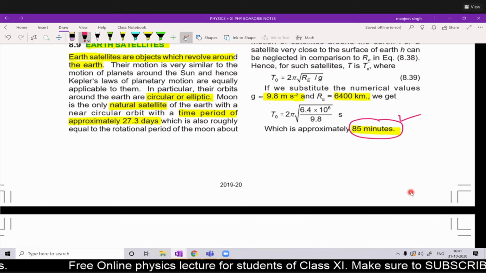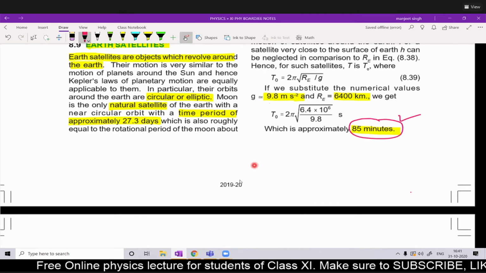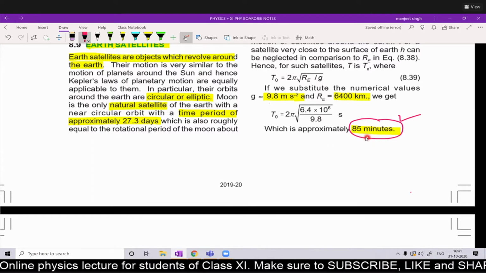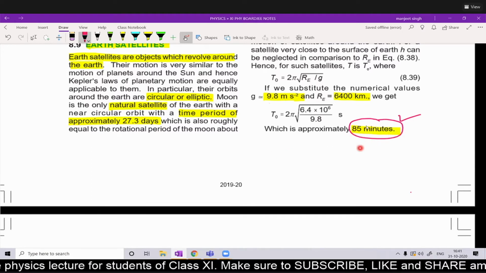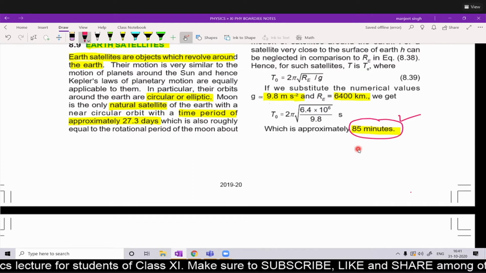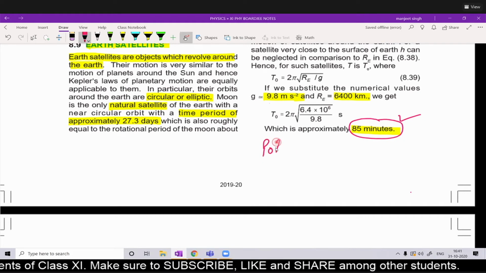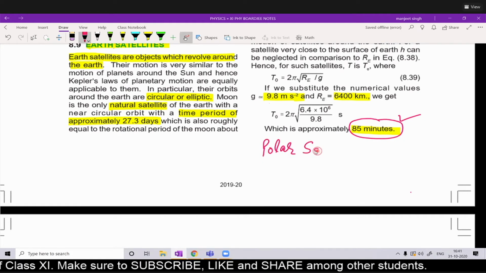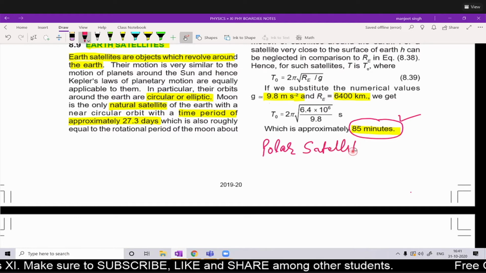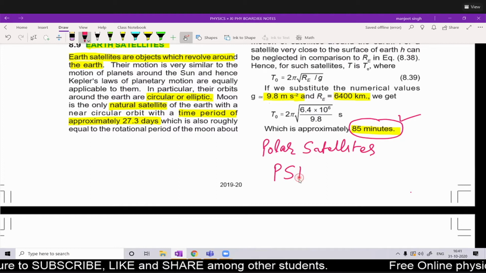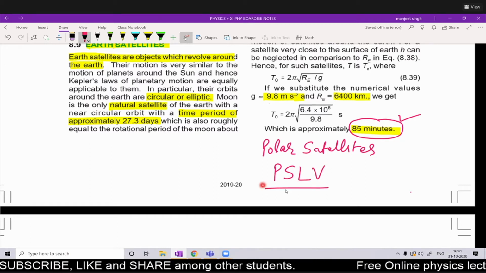So the satellites which are very close to Earth and have a very small time period, meaning that they move very fast, are called polar satellites. So from India, the PSLV series, Polar Satellite Launch Vehicle.